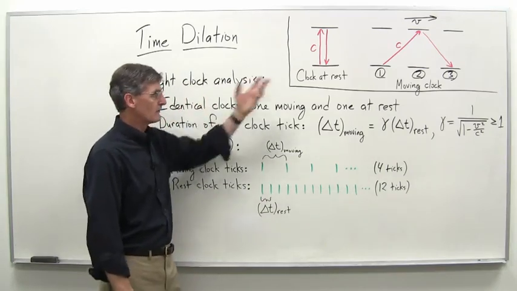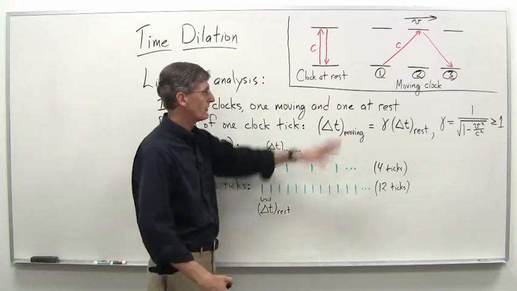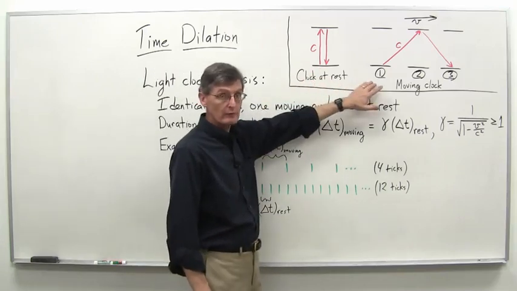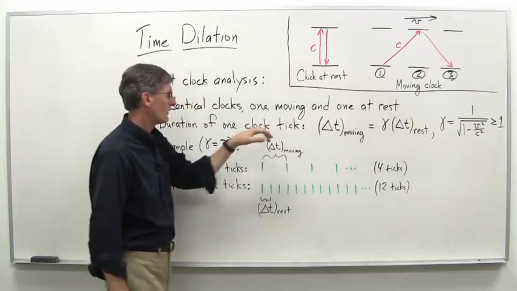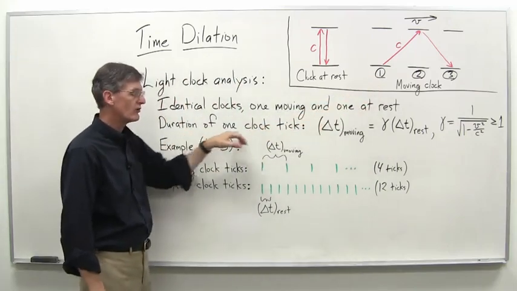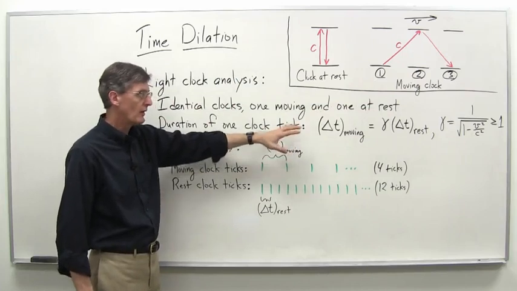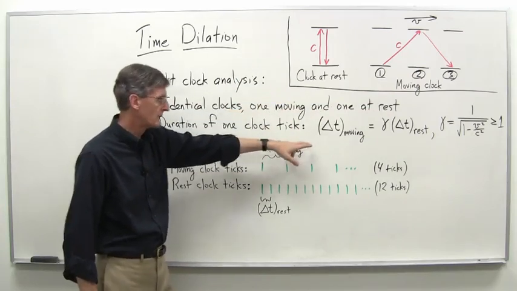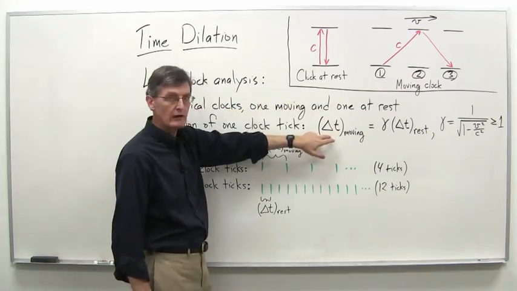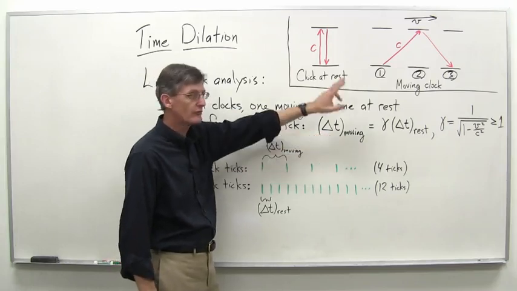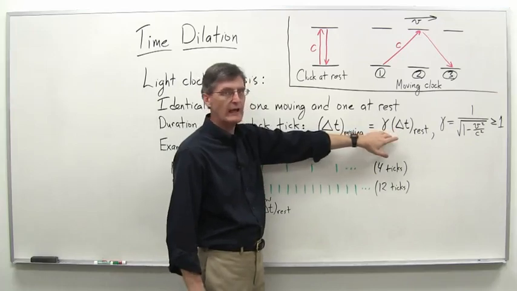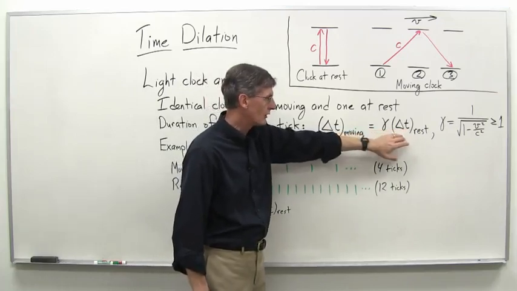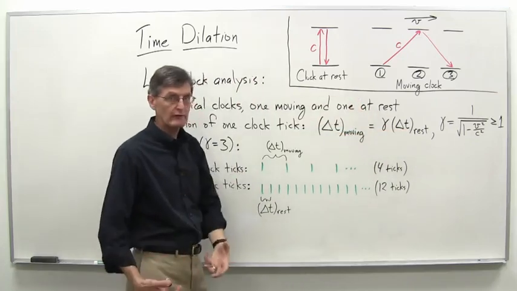So, clock at rest: Bob has his clock at rest. Alice, moving clock. Bob is observing her moving clock, and our conclusion was that the duration of one clock tick, as far as Bob is concerned, observing Alice's clock, equals some factor gamma times one clock tick for his clock at rest, which again is identical.